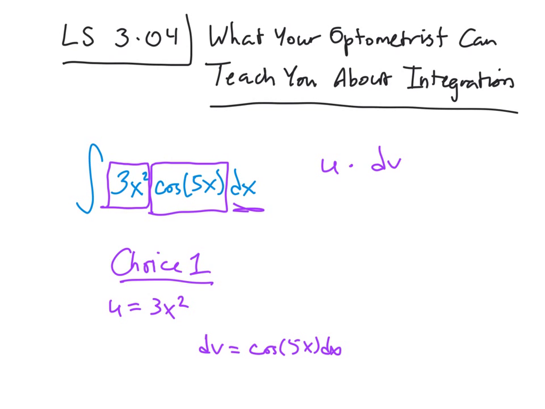Then let's work out what du and v would be. du would then be 6x dx, and v would be, well, what's the antiderivative of cosine of 5x? I think that would be 1/5 sine of 5x. You might want to check yourself and make sure that works, but I think it does. Okay, so that is one possible choice.